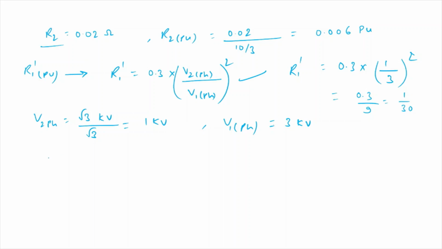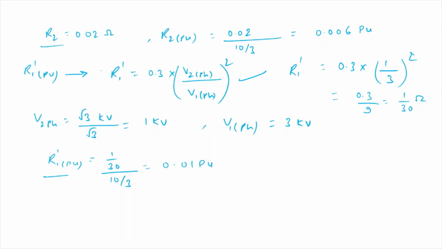And if we do further, I am converting it in per unit, so 1 by 30 divided by 10 by 3 ohm, this is in ohm, so we will get 0.01 per unit.